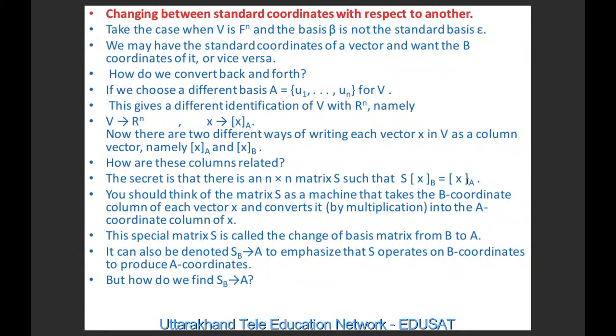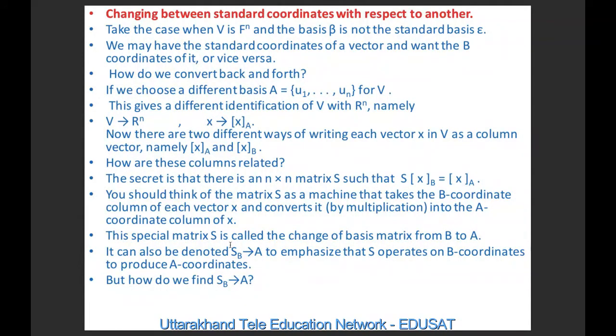A is nothing but the basis set u1, u2, un for V. And this is done by this multiplication. By multiplying S with xb, the B coordinate column of each vector x, we get the A coordinate column.